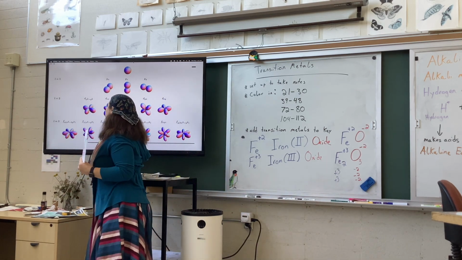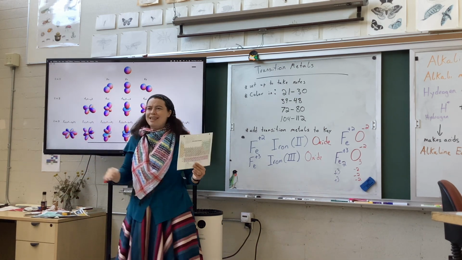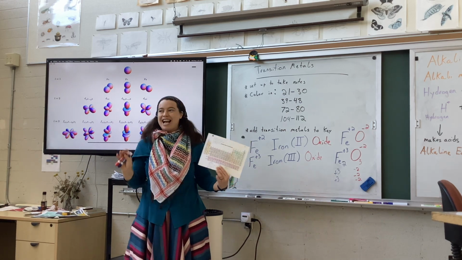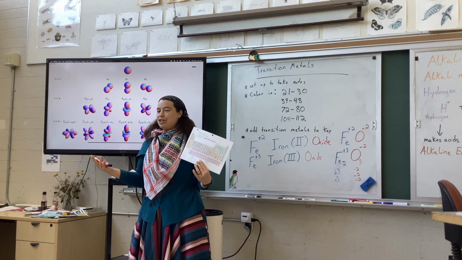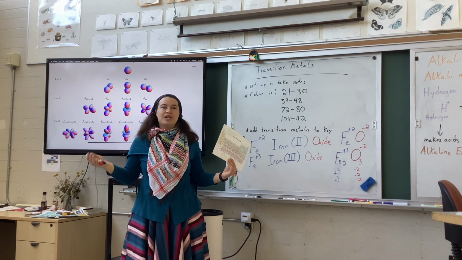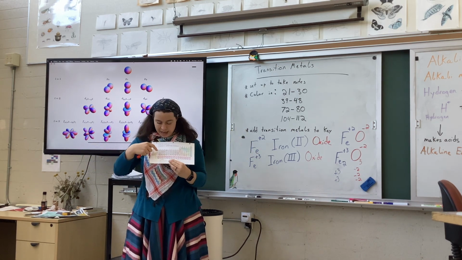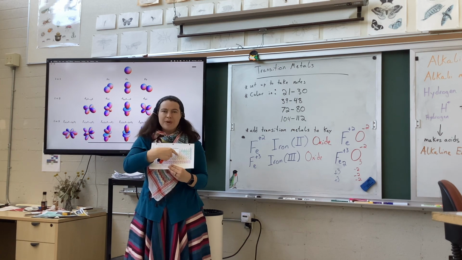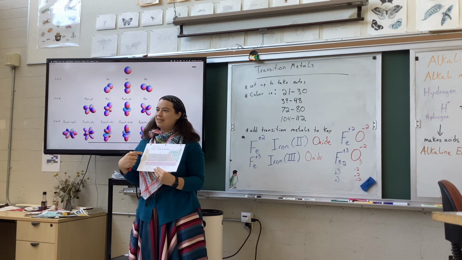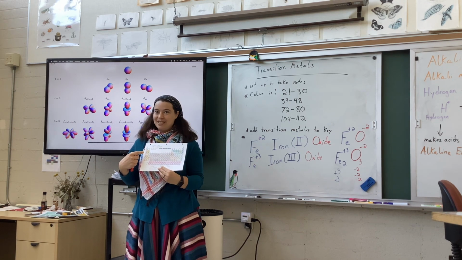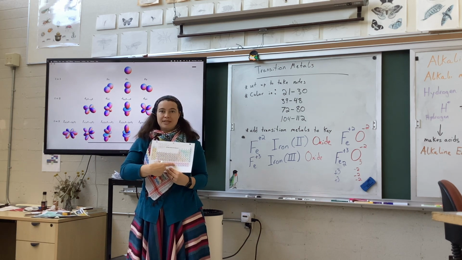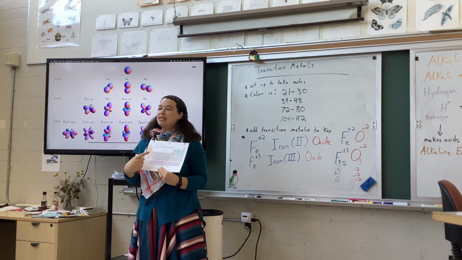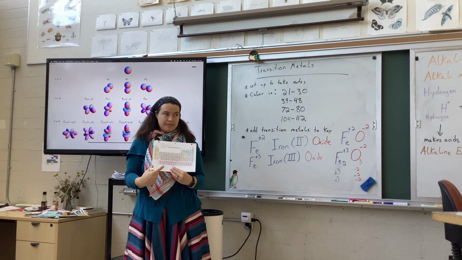These are just pictures of where the electrons are likely to be. The shape of the pictures is not actually what's important. What's important there is that there's 5 of them, each of which can hold 2 electrons. So d orbitals can hold 10 electrons. Hey, how many columns do we have in these transition metals? 10. The transition metals are the set of elements that keep their valence electrons in d orbitals.